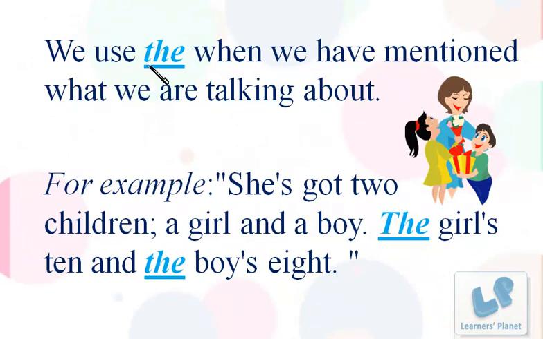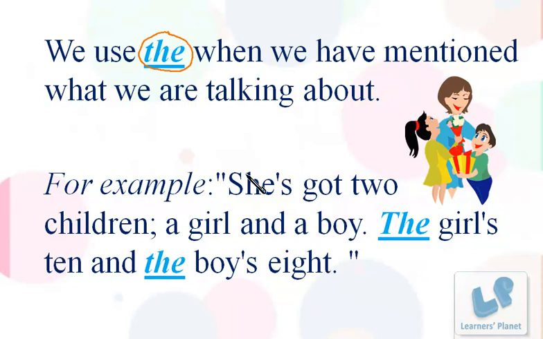So, we use the when we have mentioned what we are talking about. This means that the is also used when we have already told about what we are going to talk about, a topic. So let us take an example for that. She's got 2 children, a girl and a boy. The girl's 10 and the boy's 8.